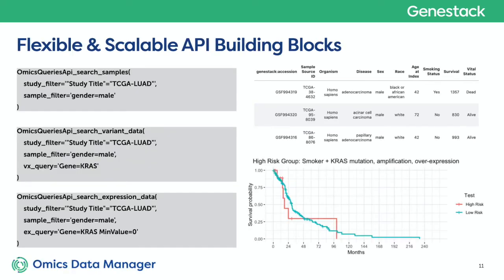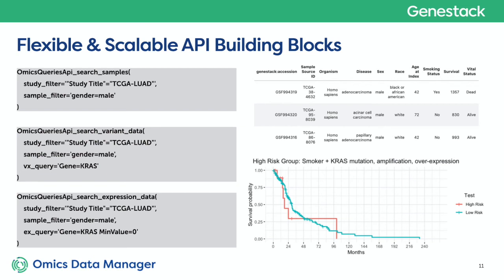So our approach here is to build a flexible and scalable set of APIs that can essentially plug into any data science environment. They enable you to do custom analysis very easily and rapidly. For example, here is an analysis on the TCGA dataset.